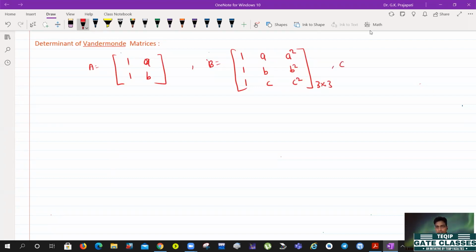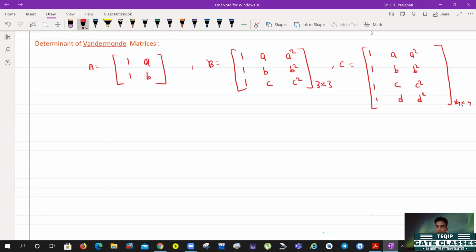We take another matrix of order 4 cross 4. 1, 1, 1, 1 are the elements of the first column, and elements of the second column will be A, B, C and D. Elements of the third column will be A square, B square, C square, D square.